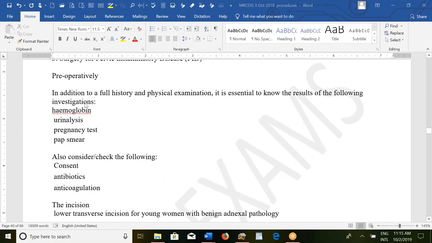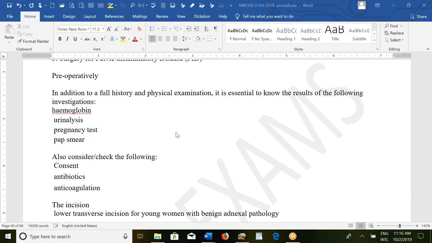So pre-operatively, you should take a full history, perform a physical examination, and then you should know the results of some investigations, like what is the hemoglobin level, urinalysis, pregnancy test, and whether the pap smear is up to date or not.